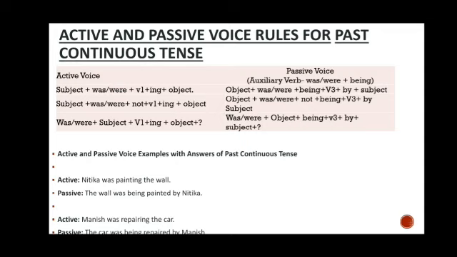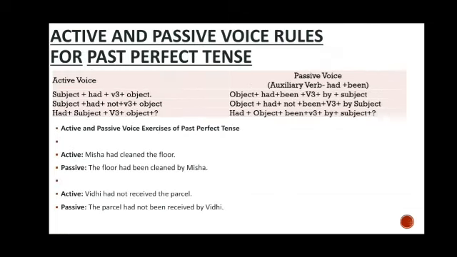While changing it in negative, not comes in the middle, as it is, and the rest stays the same. If we are writing in interrogative, was and were we keep at first, that is, was or were comes before the object. See here, Nikita was painting the wall, so the wall was being painted by Nikita. Now here, Manish was repairing the car. The car was being repaired by Manish.